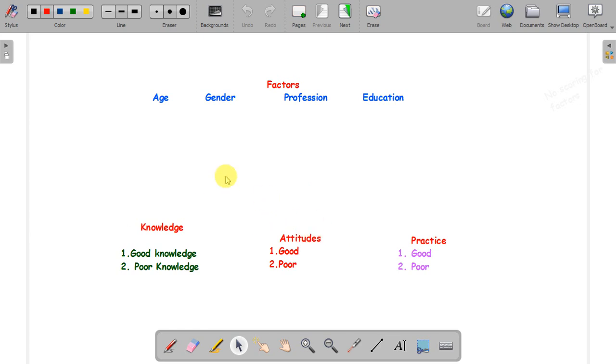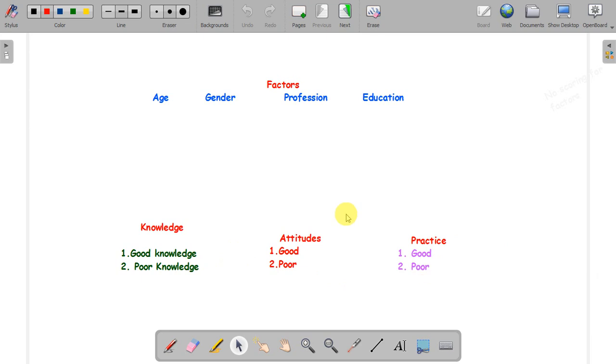So at the end of your analysis, at the end of your survey, according to your objectives, there are two possible outcomes for knowledge, attitude, or practice. Those are good knowledge, or it may end up with poor knowledge. If you consider attitudes, that may be good or poor. Practice, good or poor.